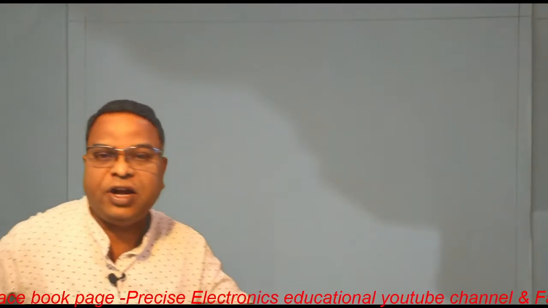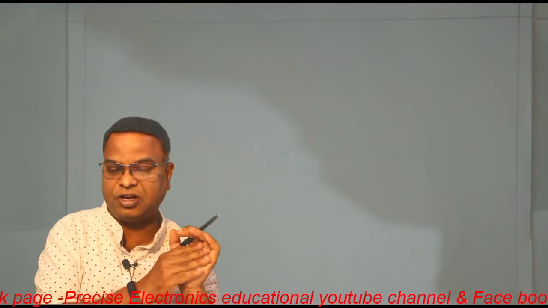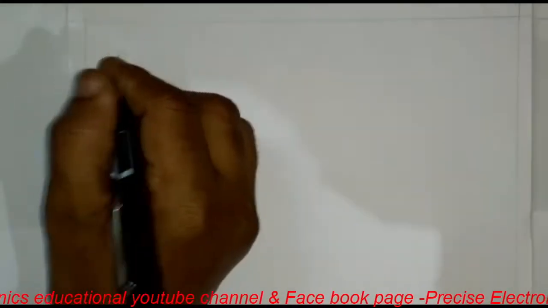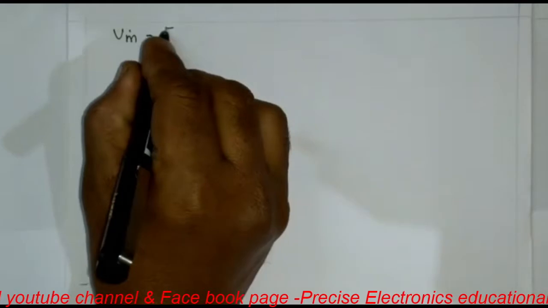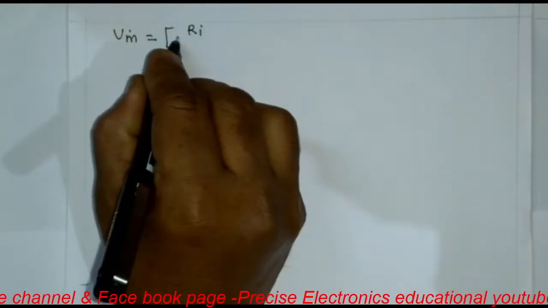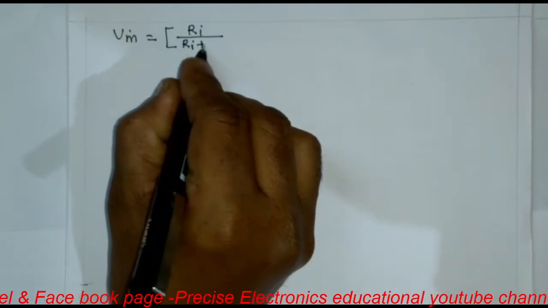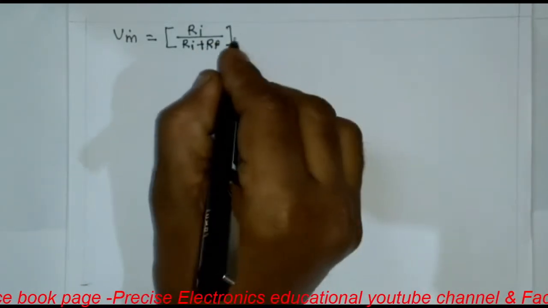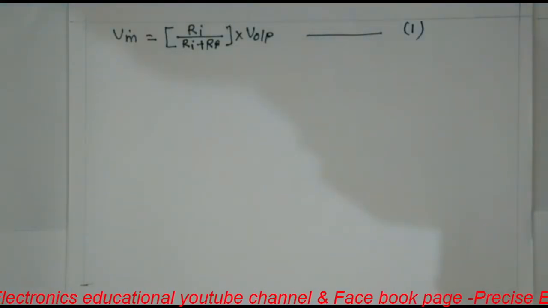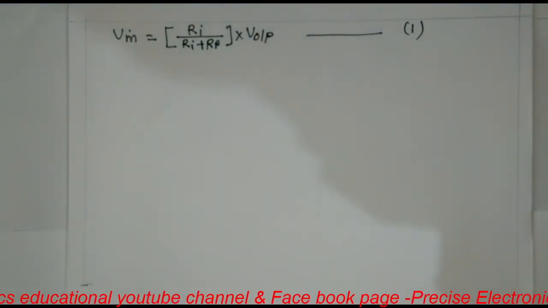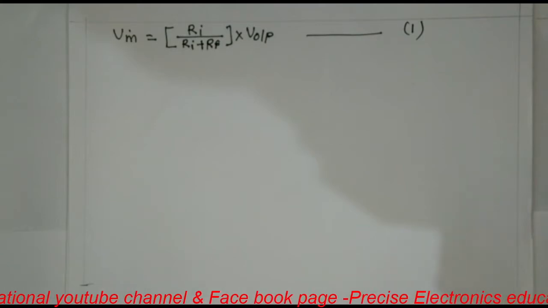First of all, the inverting input terminal receives the feedback voltage, which is developed across the inverting terminal, and this voltage Vin is given by Vin = (Ri / (Ri + Rf)) × V output. Let us consider this as equation number 1. What is Vin? Vin is equal to Ri upon Ri plus Rf into V output. That means the potential divider formula is used.